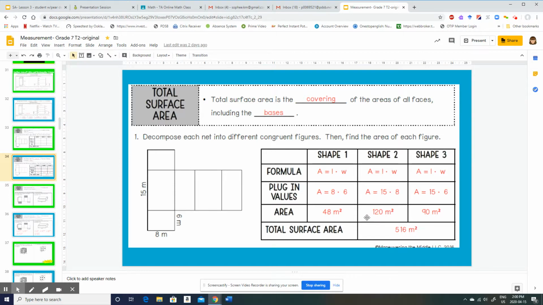I think that may have thrown some of you, because you saw 3 shapes, you just added these numbers and you stopped. But these are just 3 shapes, and we have 6 shapes in total. So you'd add 48 plus 48, 120 plus 120, 90 plus 90 to get the correct answer.